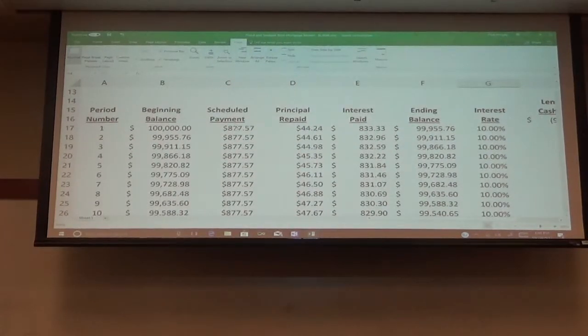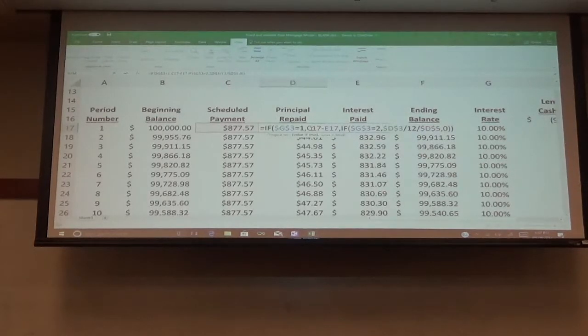So here's what I would do if I were you. I would start with the scheduled payment column. If that is absolutely 100% correct, with no variation from what I've got up here, copy it again all the way down. And then I would do the exact same thing for the principal repaid column, because that's the only explanation as to why it could be off.